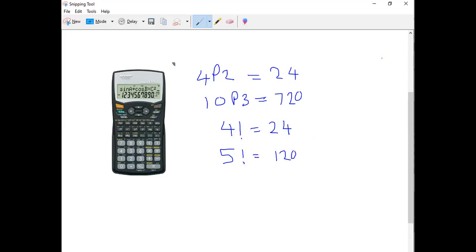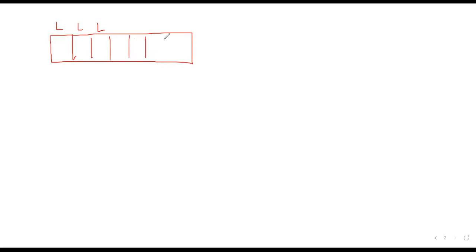So, with that being said, you would be given a question by the examiner to say a car number plate has 3 letters: 1, 2, 3. So this is a letter, this is a letter, and this is a letter. Then 4 numbers: 1, 2, 3, 4. Each is a number.